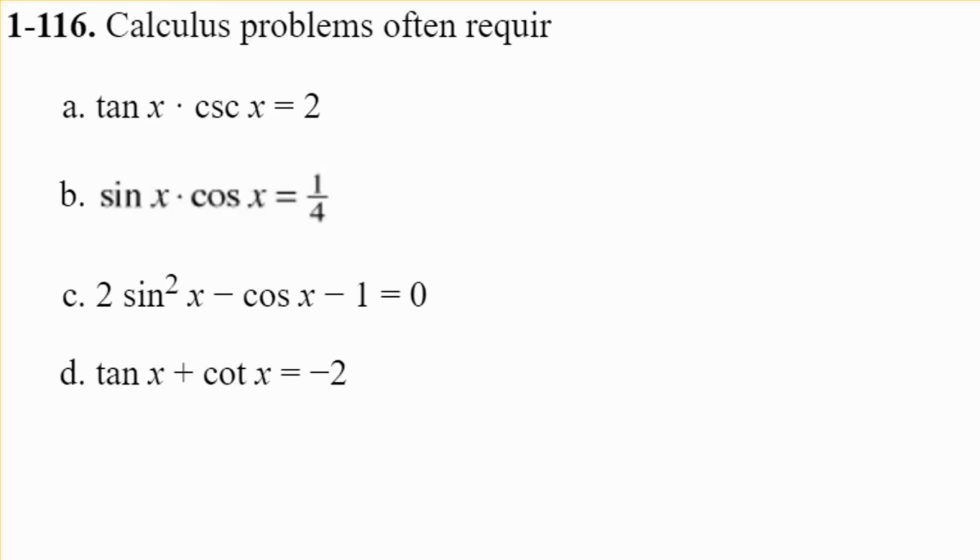Wanted to make sure we checked off some trig solving here in 116, a little simplifying. One of our tricks would be to rewrite anything we can into sine and cosine. So if I've got tan, we know that's sine over cosine. Cosecant is 1 over sine.